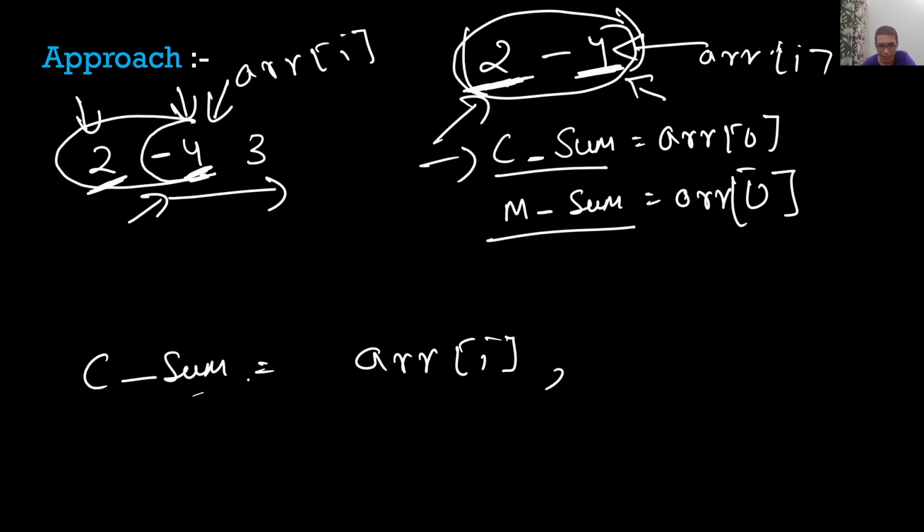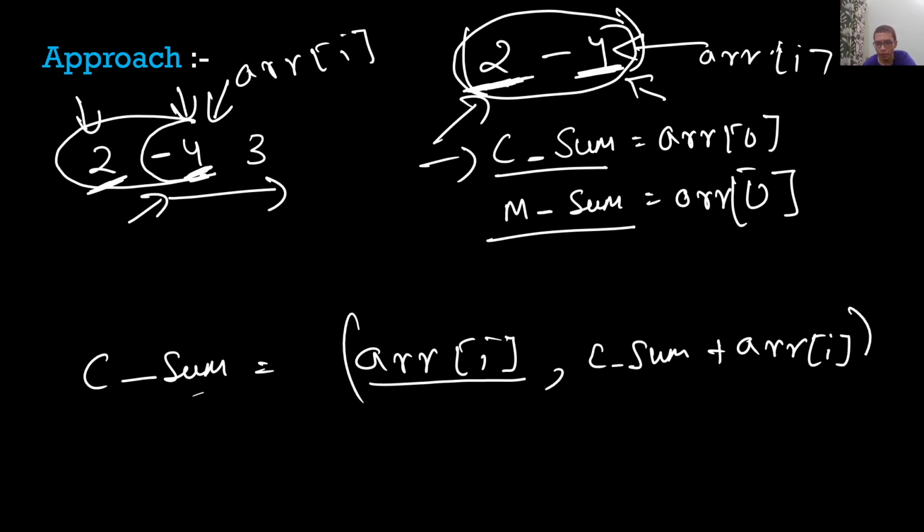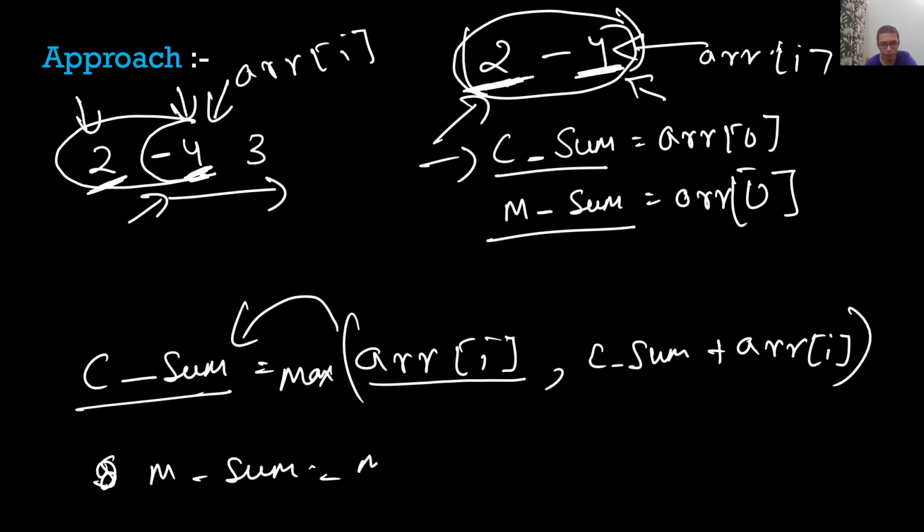So my current subarray sum could either be this element or current subarray sum plus ARR of I. Whichever out of these two is the maximum, it would be stored inside my current sum variable. Similarly, my maximum subarray sum would be the maximum of either itself, any previous maximum sum, or my current sum, right?